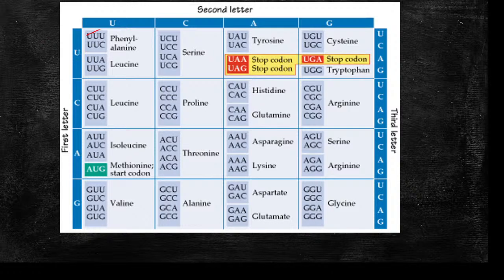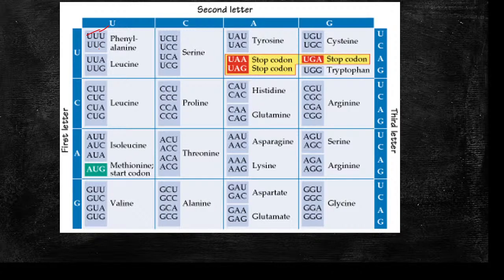So how to write this genetic code. The first letter in the first box is U, and the second letter is also U, and the third letter is also U. So this is the first codon, UUU. In the first box only the third nucleotide will change, that is, cytosine.